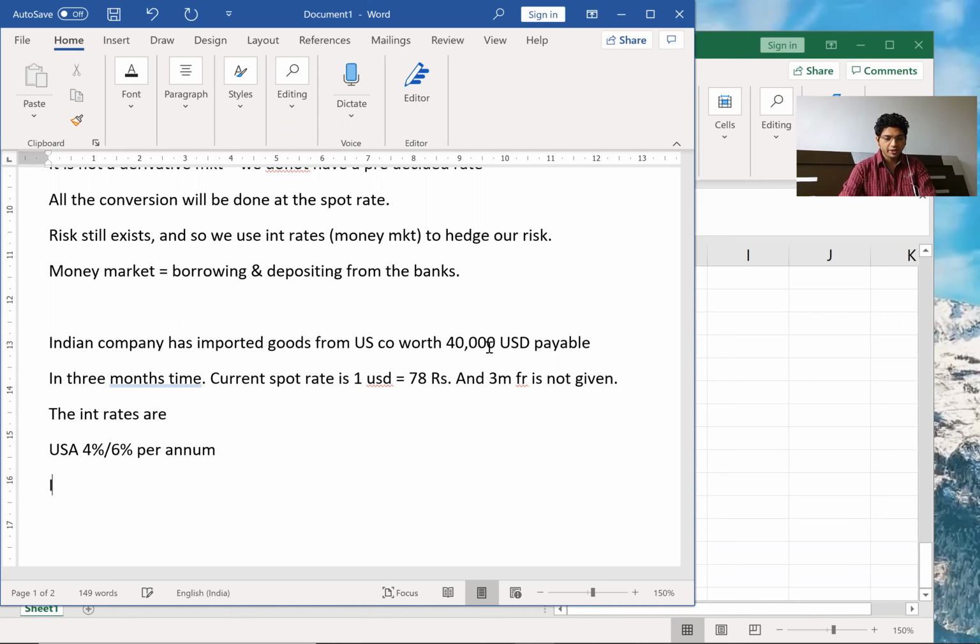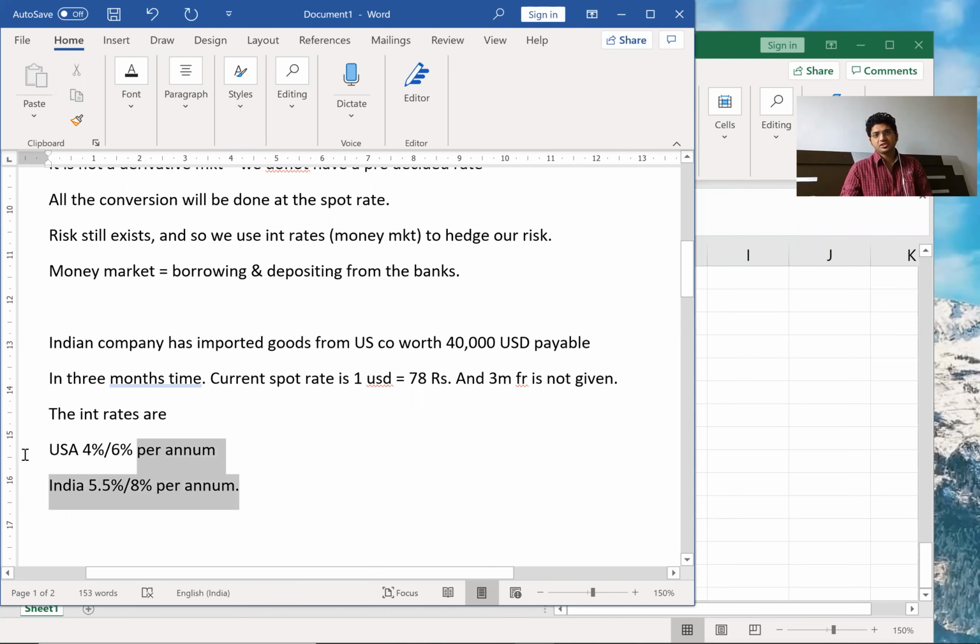And in India, the interest rates are a little bit higher, 5.5% and let us say 8% per annum. So now we are going to use these interest rates to convert this $40,000 into Indian rupees after 3 months time.